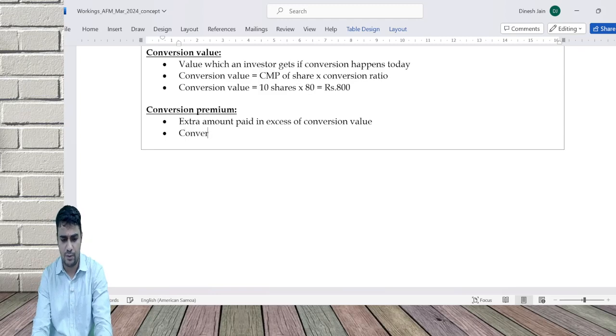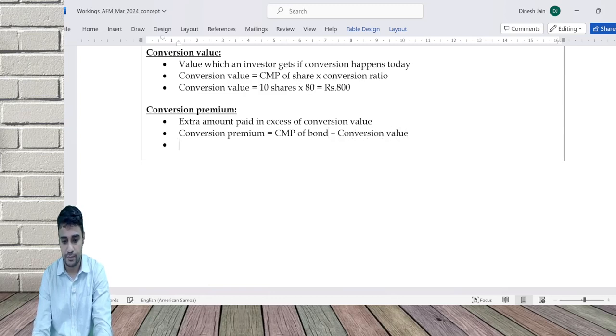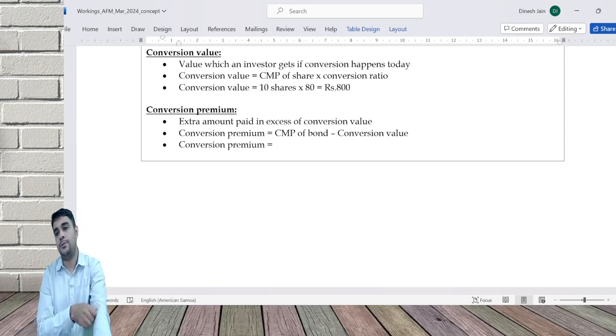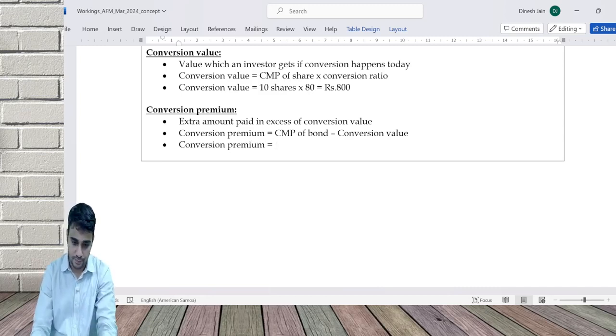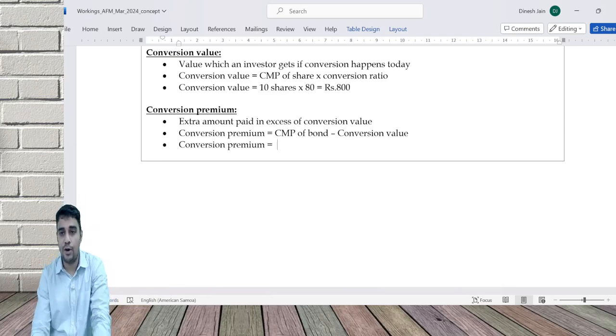Conversion premium is equal to current market price of bond minus conversion value. Now this is expressed in different ways. Rupees 300 per bond.